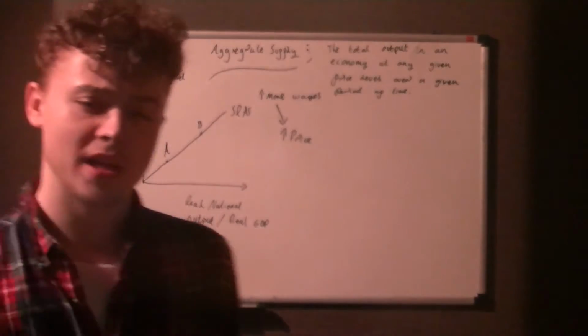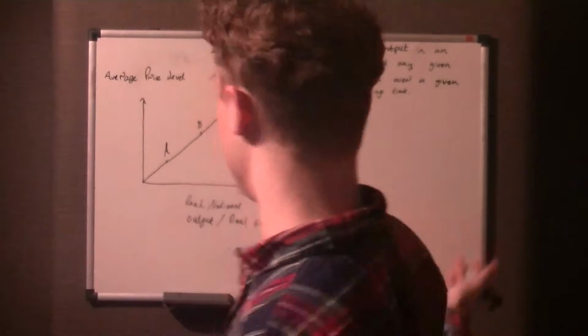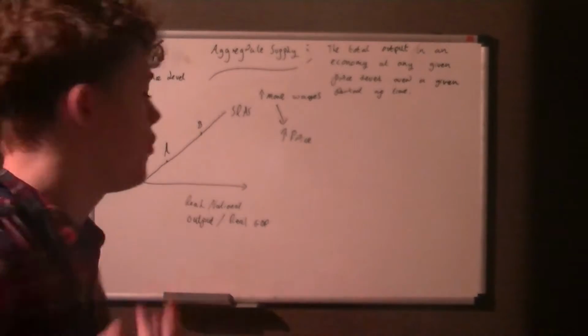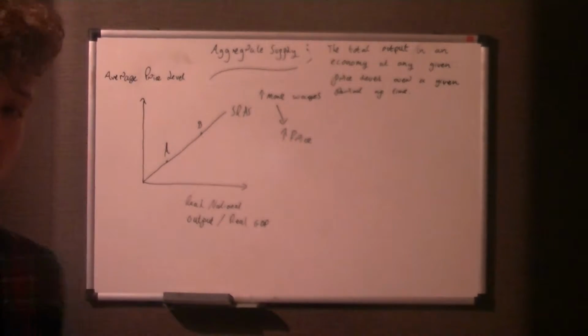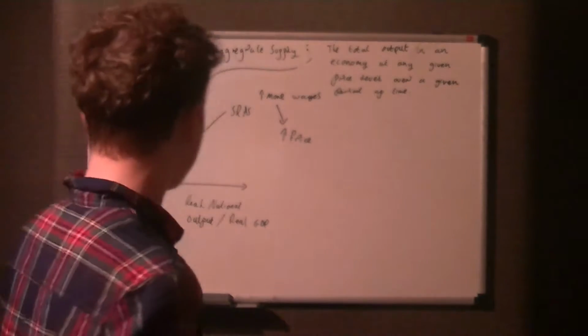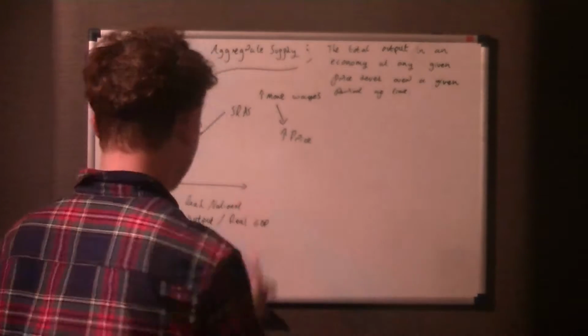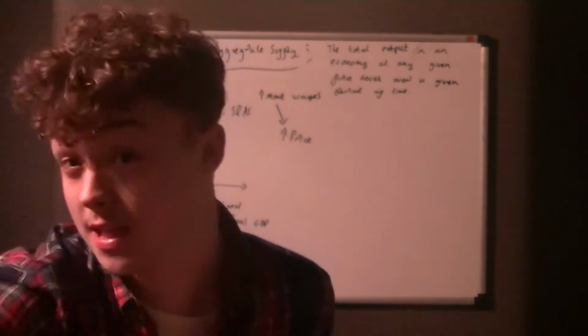However, if a company doesn't want to do that, which is unlikely, then they won't want to supply at a higher price unless it's more profitable for them. Otherwise they'd be quite happy getting the same profit as they did before.